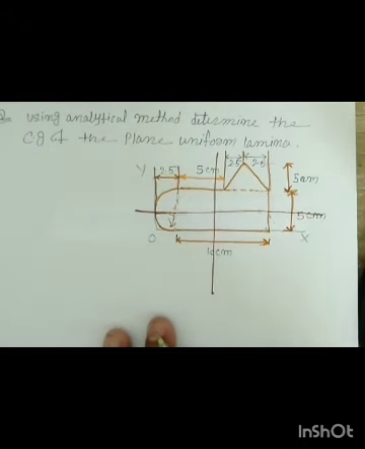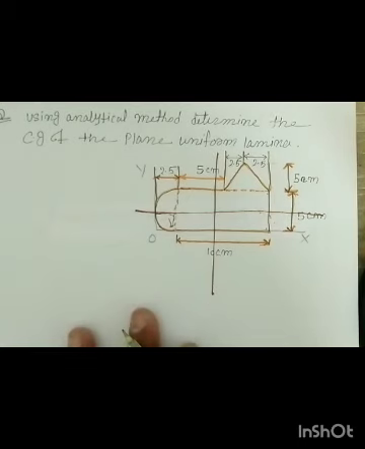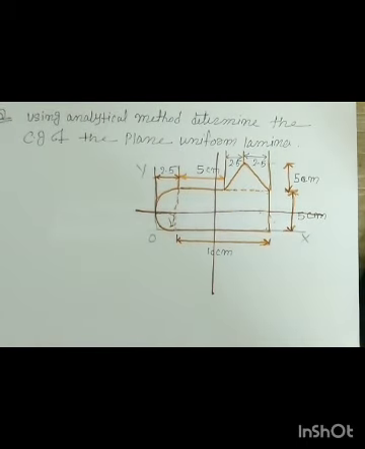When the object is symmetric neither about the x axis nor about the y axis, it is unsymmetrical, and for an unsymmetrical section we have to find out the center of gravity about both axes. So now let's start the solution.